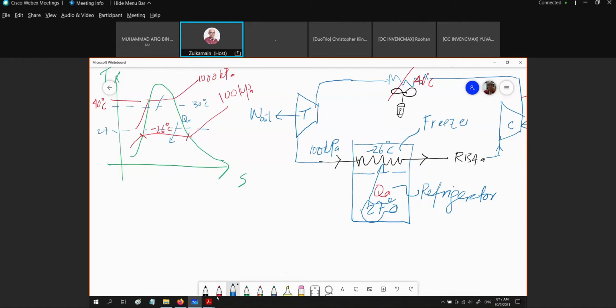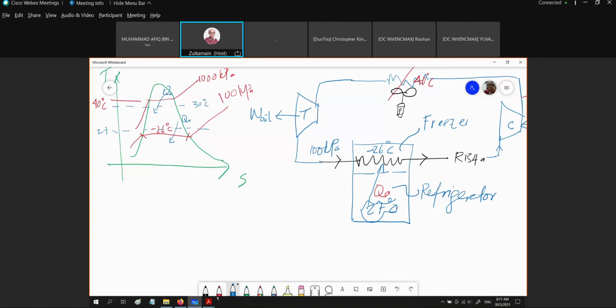Then right here, we have another heat transfer, which is Q naught. So if we look at the pressure, why we choose 1000 kPa, we look at what device we are going to use in this case.